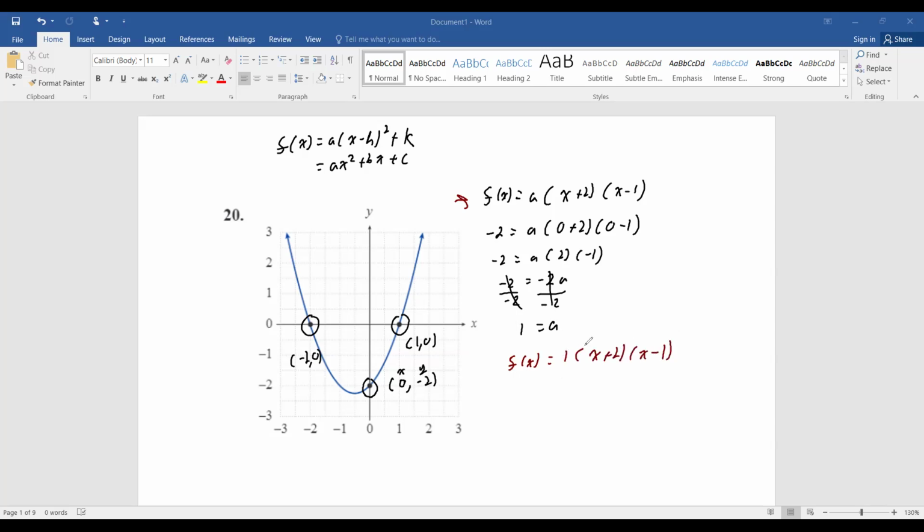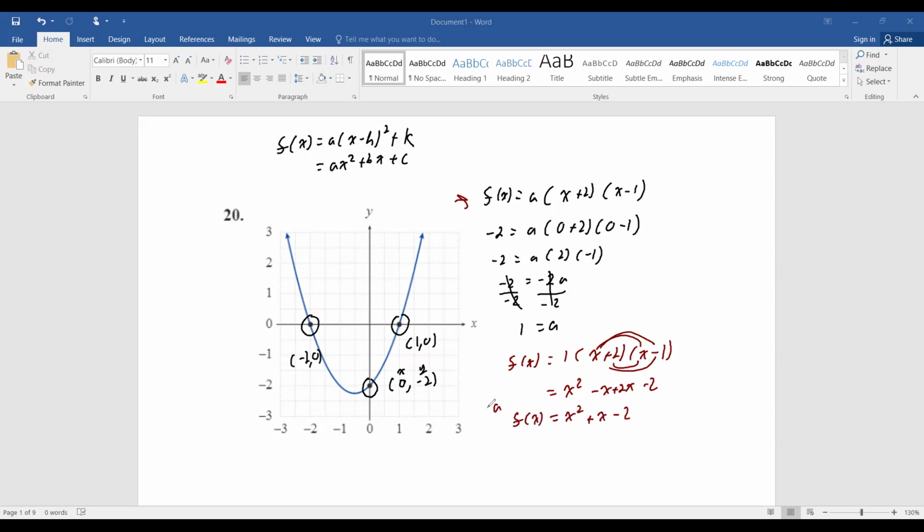In reality, I really don't need this 1, so I can just foil this out. So this would be x squared, that would be a negative x plus 2x minus 2, which will give me x squared plus x minus 2. So there is my equation right here.